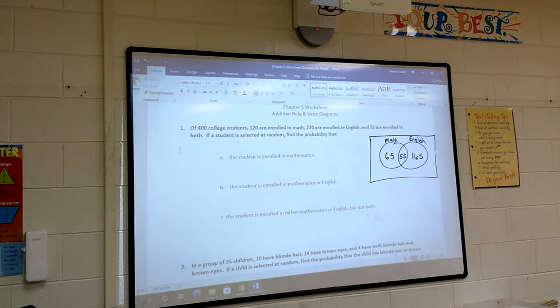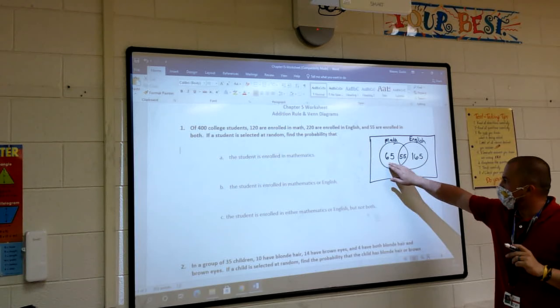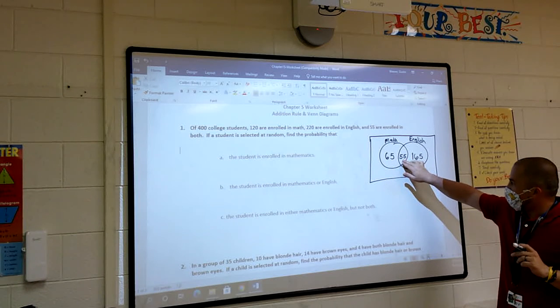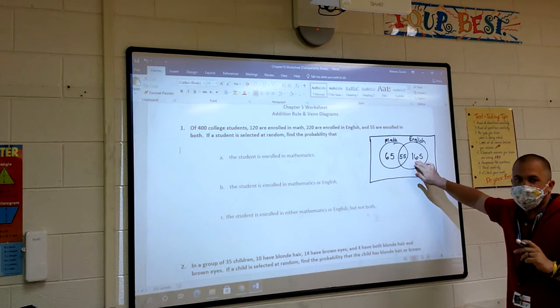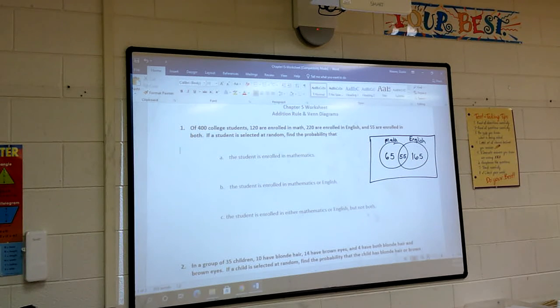So at this point, I found 3 things. I found the students who are in just math, the students who are in math and English, and the students who are in just English. So I want to add those 3 together. So I want to add 165 plus 65 plus 55. If I add all 3 of those together, I'm going to get 285.